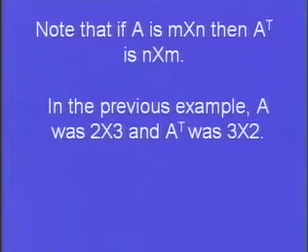In the previous example, the matrix A was a 2 by 3 matrix, whereas A transpose was a 3 by 2 matrix. Now obviously if A is a square matrix, N by N, if I do the transpose, I'm still going to get an N by N matrix. But if I do have a different number of rows and columns, those two numbers are going to switch places.